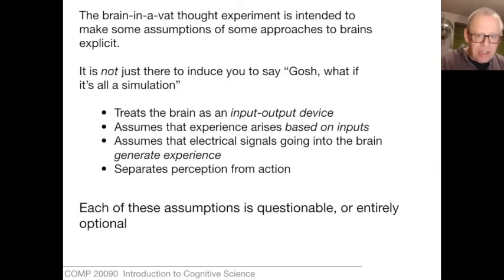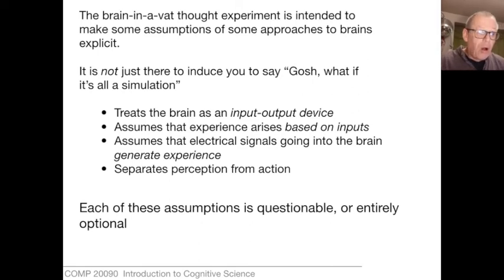It's not there to say, gosh, it could all be a simulation. I want you to see what's necessary in order to get to that point where you can go, oh, maybe it's a simulation. The brain has to be treated as an input-output device. There's nothing in the brain that tells us it is an input-output device, and there are strong reasons to think it's not an input-output device, but in order to make this thought experiment coherent, the brain must be considered as an input-output device.